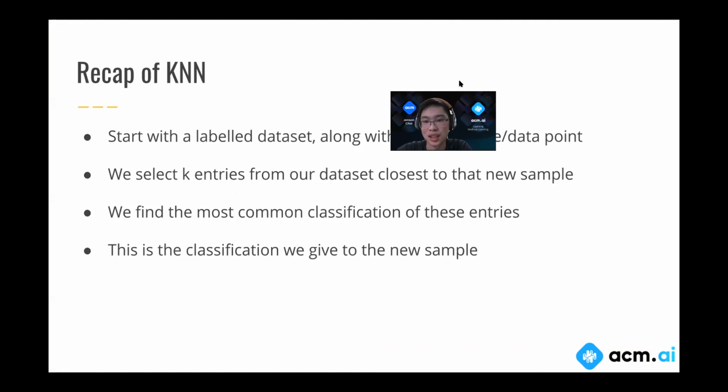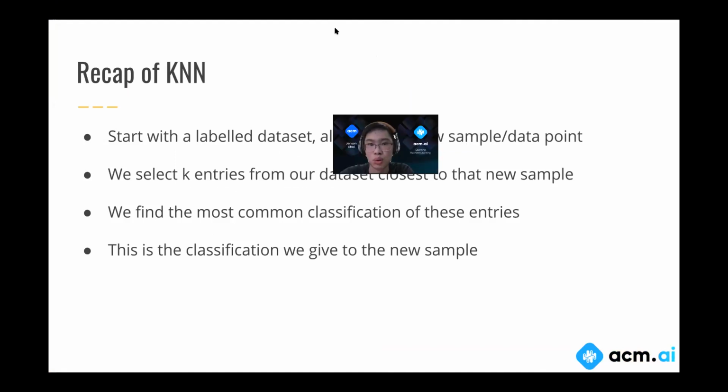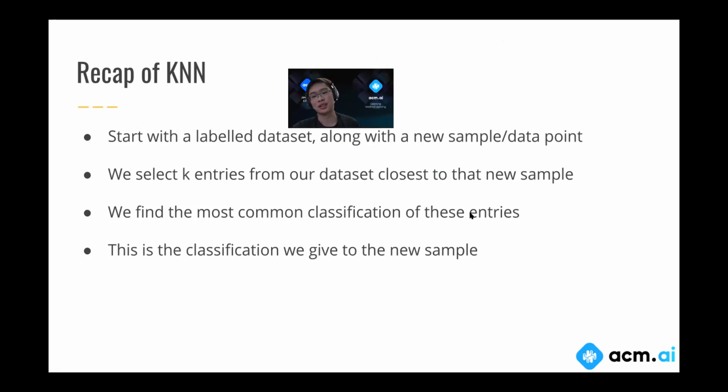I can spend a few minutes to take some more questions. Would the K also not have to be divisible by 2? Okay, I guess this is referring to binary classification, right? Because the k value depends on how many classes there are.